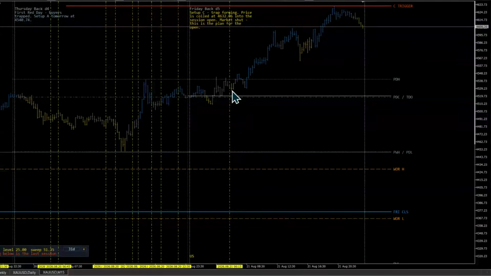Market making the move at the 630 bar here, turning around, going into 1030. That's your 1030, and from 1030 onwards, again breaking to the upside.